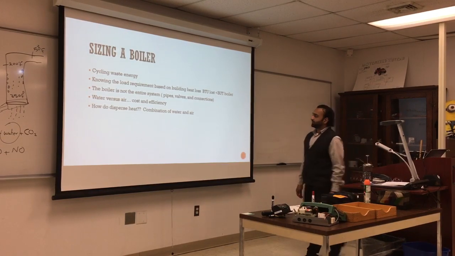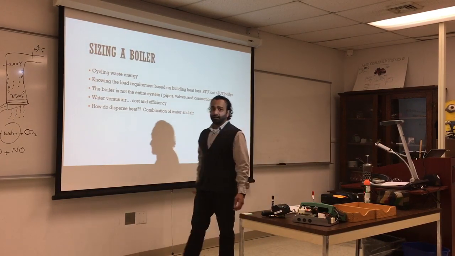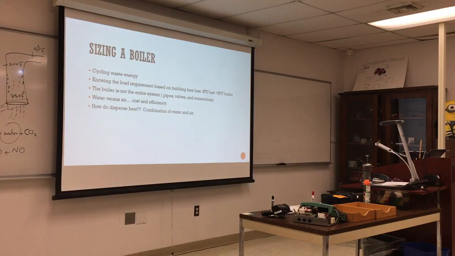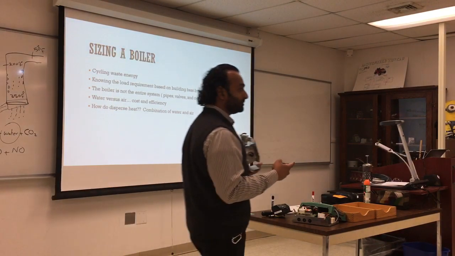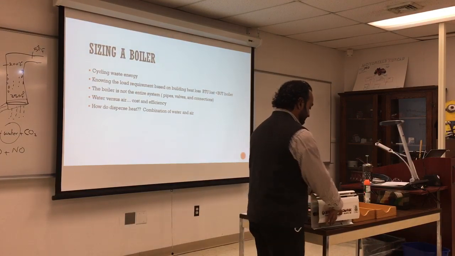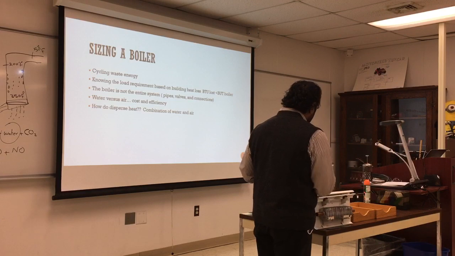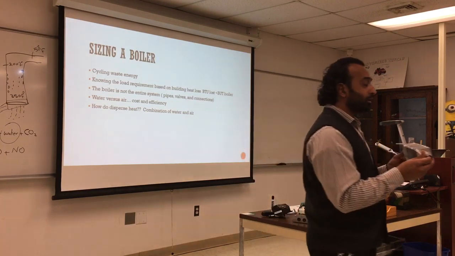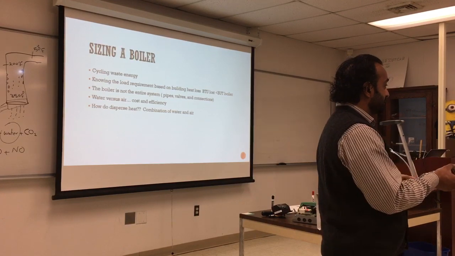How to dispense heat? It's a combination of water and air, especially in hydronic. So we're dispensing heat using the radiator here. The heat is coming through water, but then the heat is exchanged between water and air, right? Through the fins. So now, in the fin here, there's hot water, and the water is losing heat through the fins.